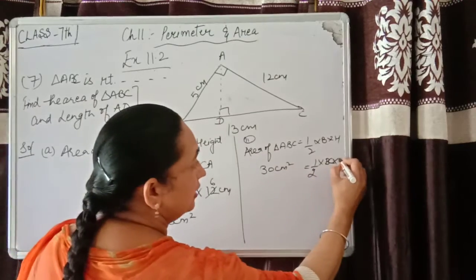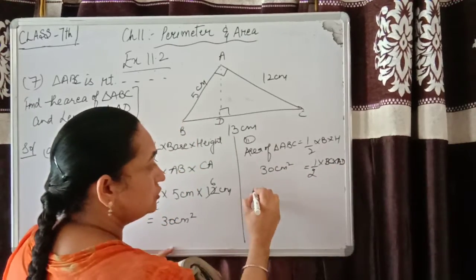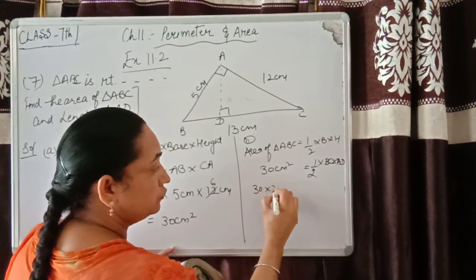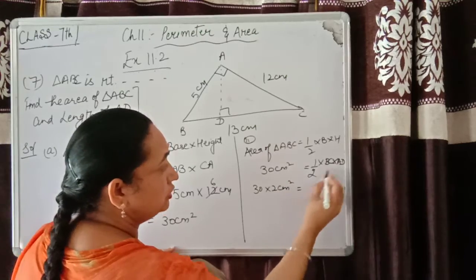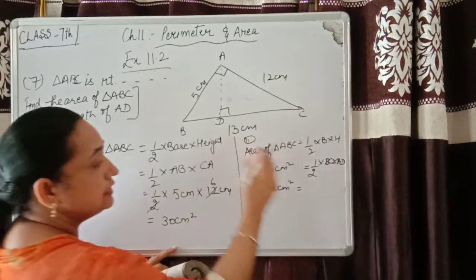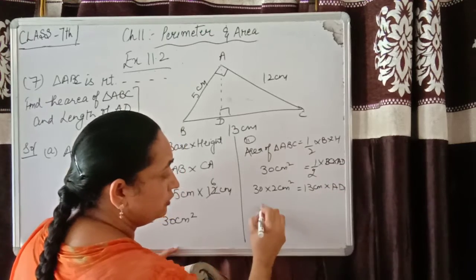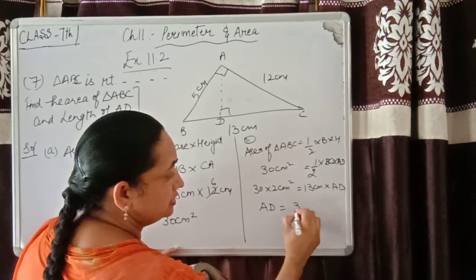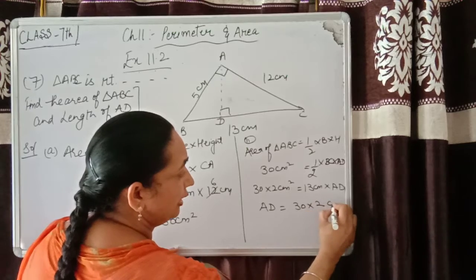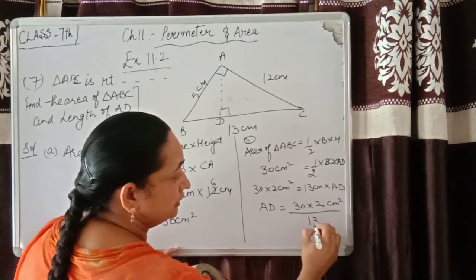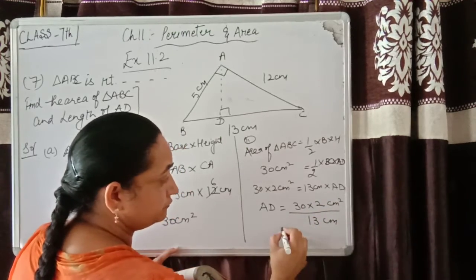So height is AD. So 30 into 2 centimeter square is equal to BC, that is 13 centimeter, into AD. For calculating AD we will just interchange the values, upon 13 centimeter.